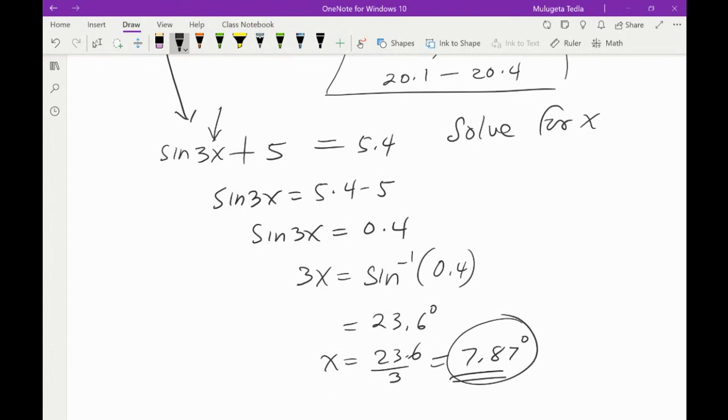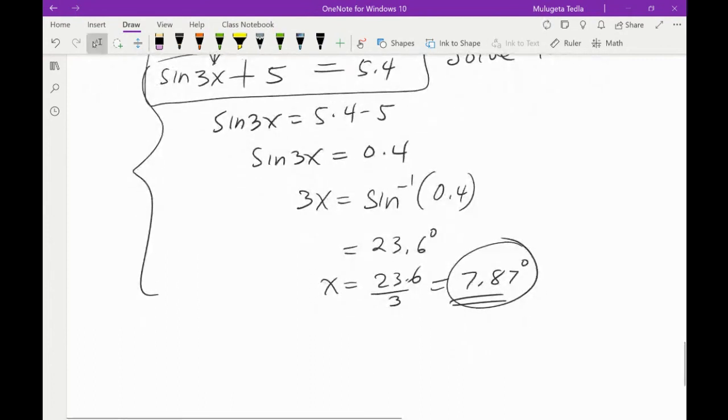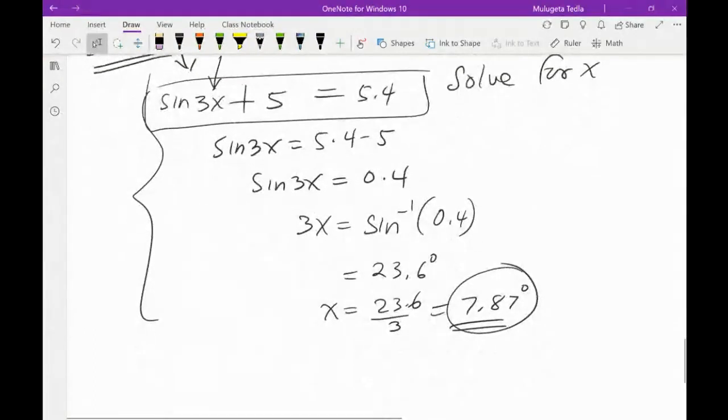So this is the process that we are in section 20.5. This is the easy question I gave you. Solve this. But they have even quadratic equations, they have complicated equations. So I will delay this for test 4. I have no choice, because we will do this right after the test on Thursday.